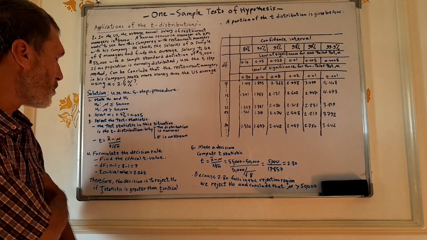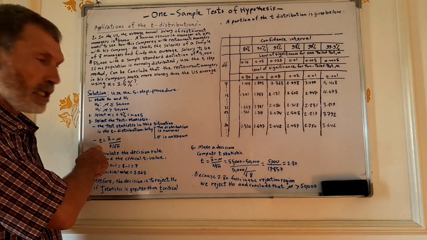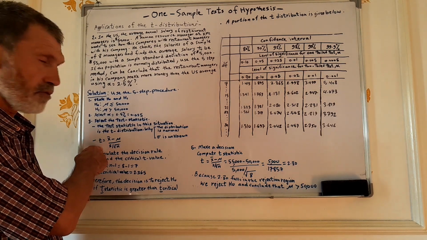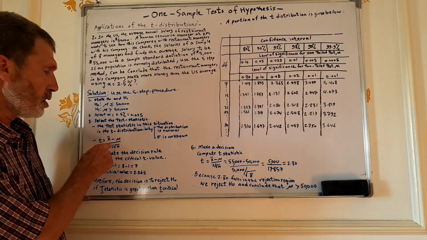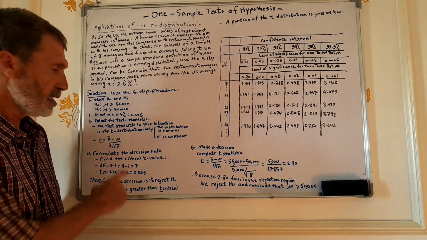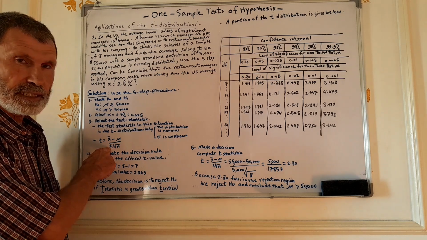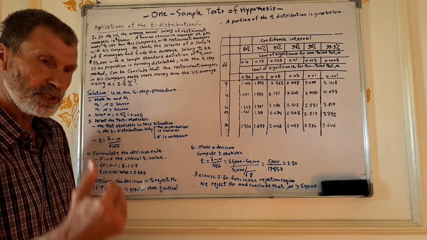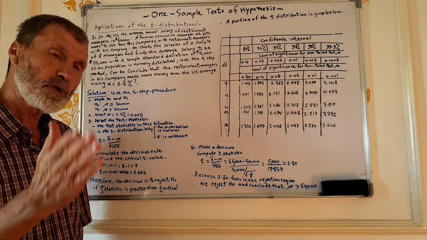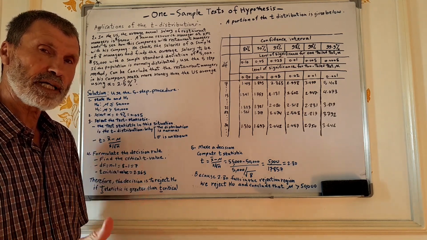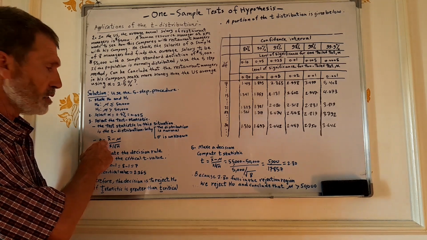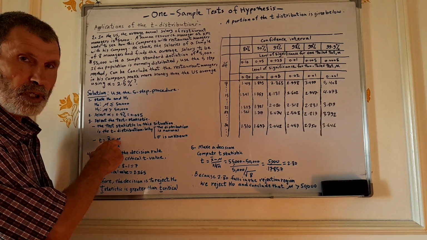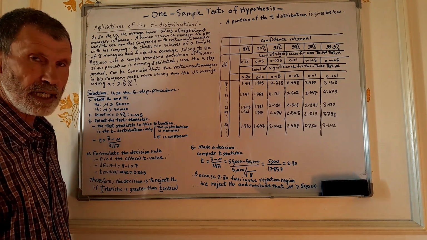And the formula of t is equal to x bar minus mu over s over radical n. Of course, s is the sample standard deviation, used to estimate the unknown population standard deviation, x bar is the mean of the sample, mu is the population mean, and n is the sample size.